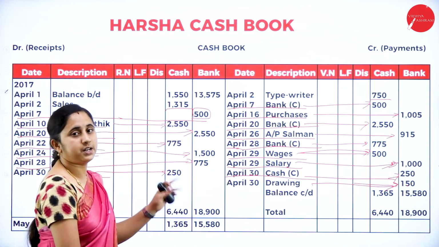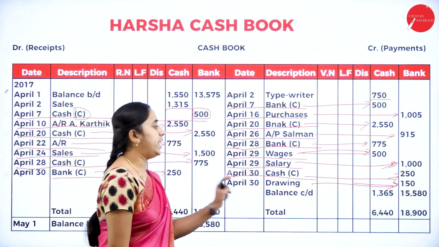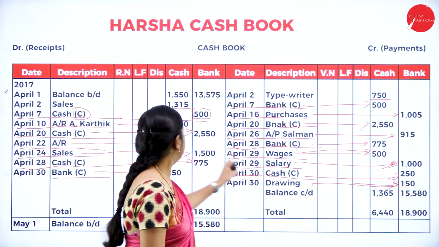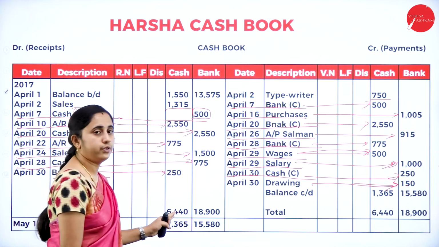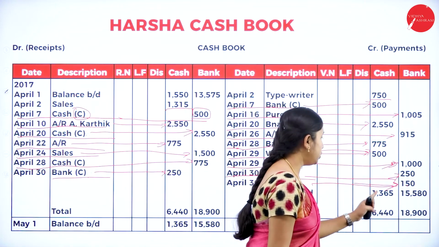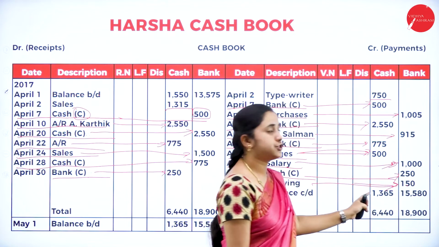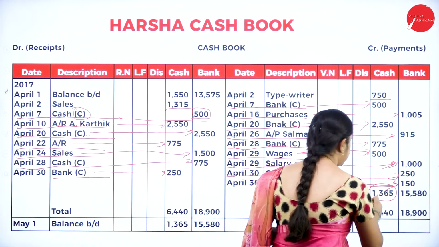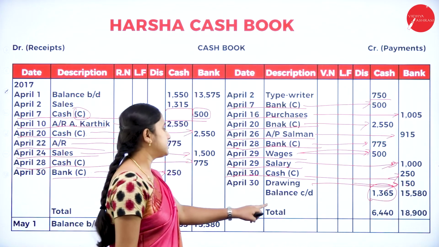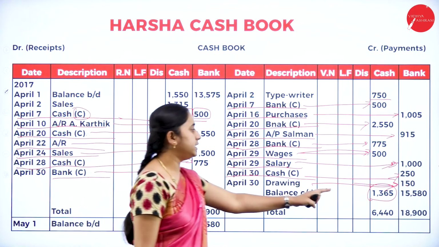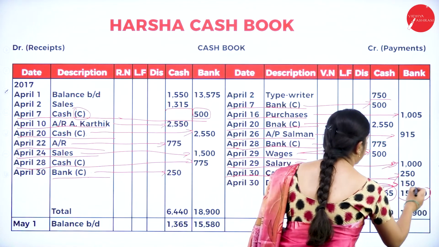Both the debit and credit side. Now find the difference between the debit and credit side. First, total of debit side cash 6,450. Just find the difference. 1,365 is the difference. So it is considered as balance carry down. In the same way, find the difference for bank also.